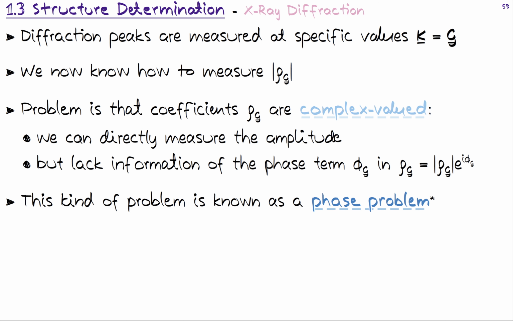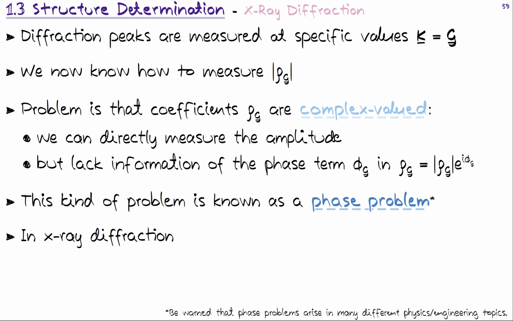You can go into Wikipedia and knock yourself out, these kinds of phase problems arise in many different branches of physics and in many engineering topics. So this is not the first time humankind encounters this kind of phase problem, not by far. This is a very generic type of problem engineers and physicists are solving.